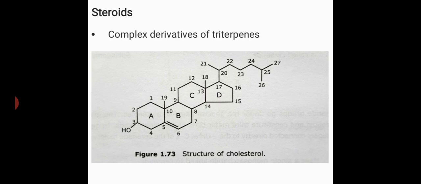Cholesterol is an example of a sterol and is an essential component in animal cell membranes. Cholesterol also acts as a precursor for the biosynthesis of all steroid hormones and bile salts. It is not found in plants and fungi. The sterols found in plants and fungi are stigmasterol and ergosterol.